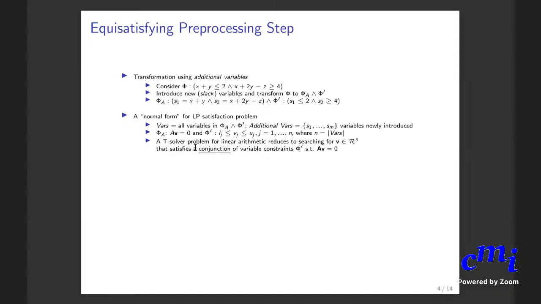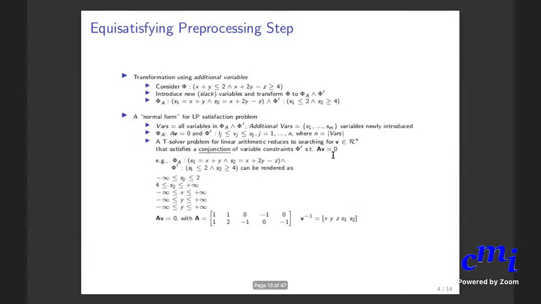So the satisfaction problem for linear arithmetic consists of searching for a set of values for all the variables, both the original and the newly introduced ones, such that all the inequality constraints in phi prime are satisfied, and all the equations are satisfied as well.